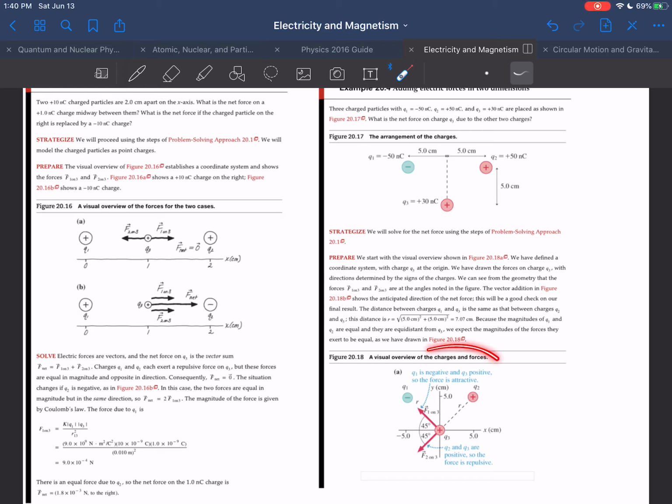As a result, if you take a look at our forces, this positive charge at Q3 will feel a force up and to the left at an angle of 45 degrees from Q1, and Q3 will feel a force down and to the left at an angle of 45 degrees from Q2. And we can get that just by considering the diagram. If this is 5 centimeters and this is 5 centimeters, then that is a bisector and at a 45 degree angle.